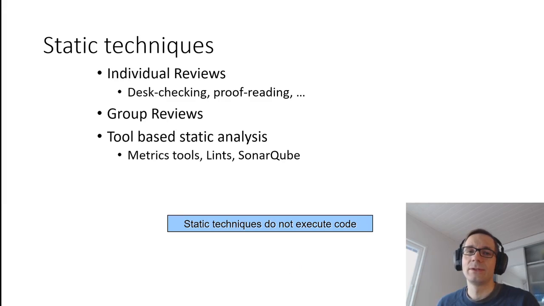The major difference of static techniques to dynamic techniques is that static techniques do not execute the code. So in software testing we always execute the code to ensure that we are getting the coverage measures we need, or when we are trying the different boundaries in black box testing, for example. In static techniques there is no execution of the code.